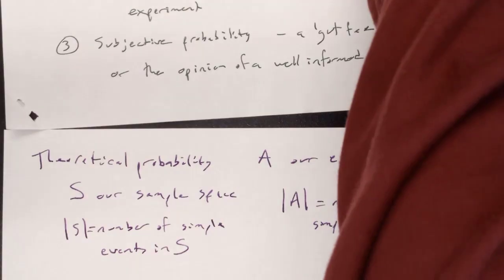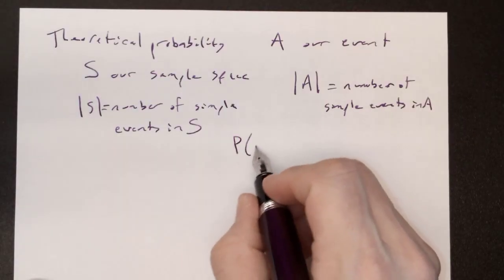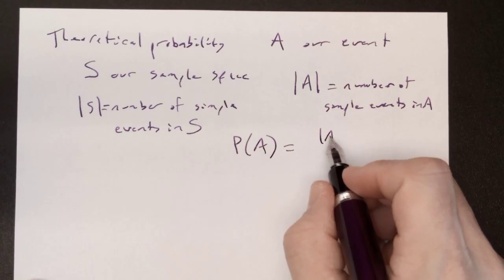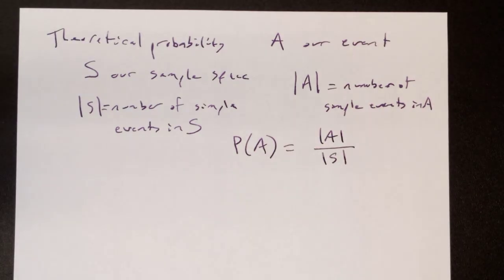And then the theoretical probability of event A just divides. Again, I am assuming all simple events are equally likely.